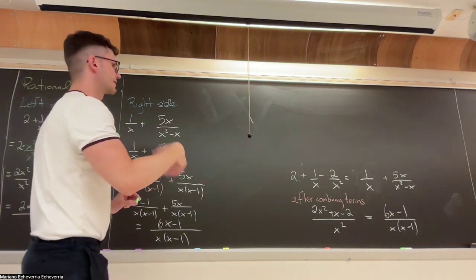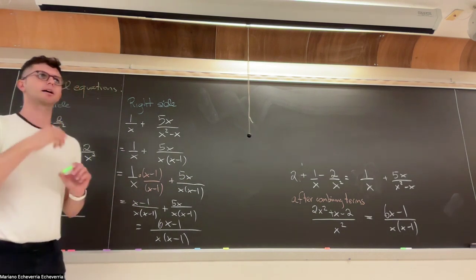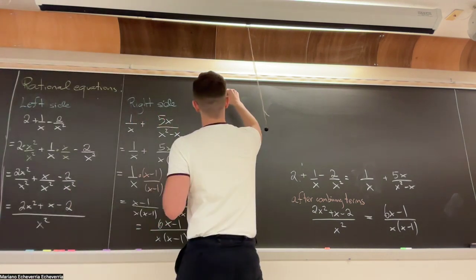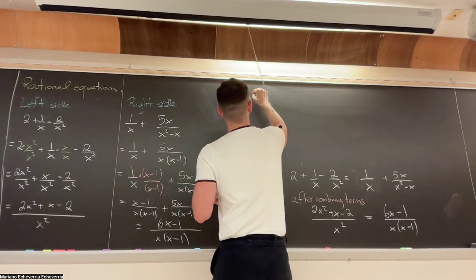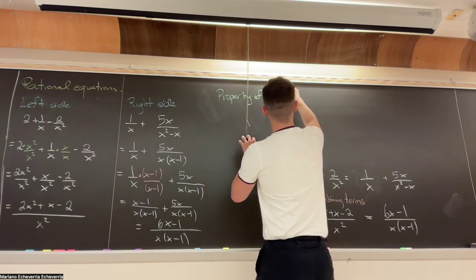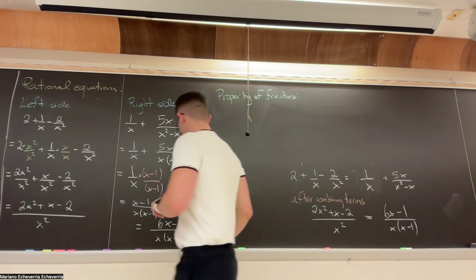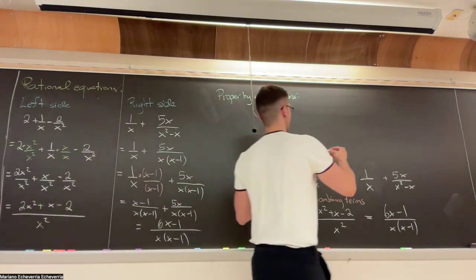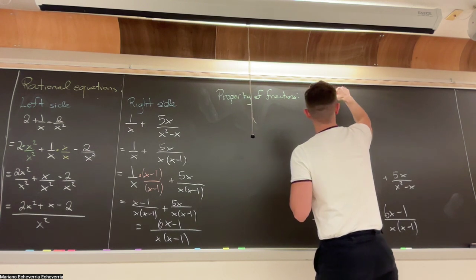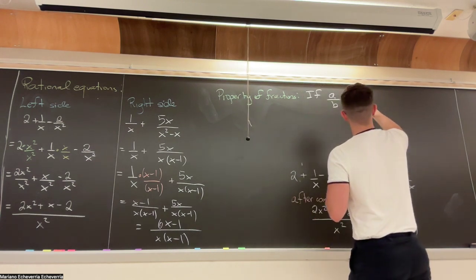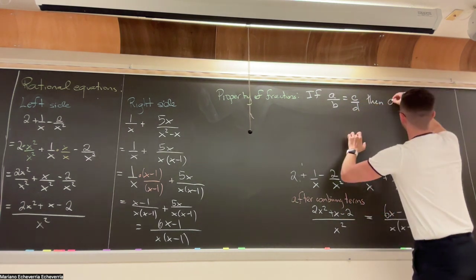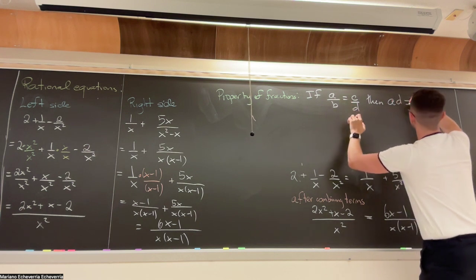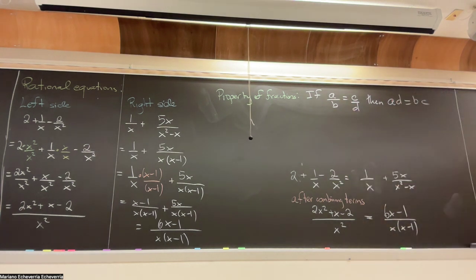Well, actually, before saying step 2, here's a property of fractions, which is the one I'm about to use. If A over B is the same as C over D, then A times D is the same as B times C. Right, you can cross multiply fractions.